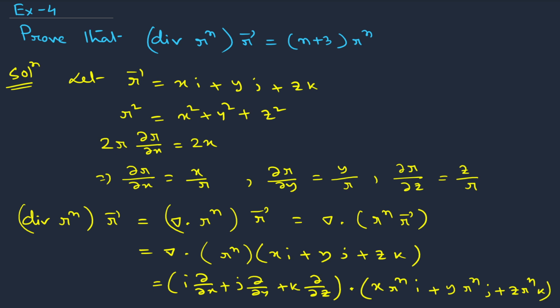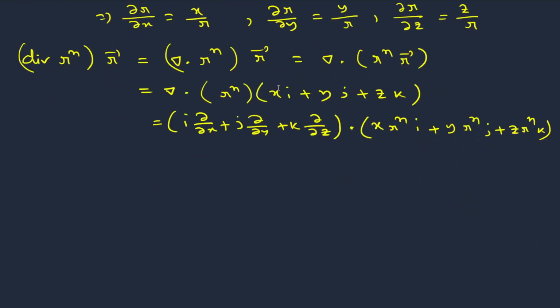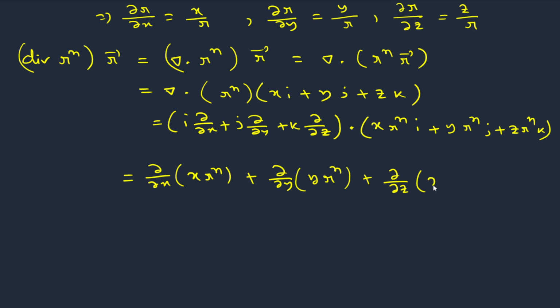Now we'll take the dot product. So this is equal to del by del x of x r to the power n, plus del by del y of y r to the power n, and then del by del z of z r to the power n, right?